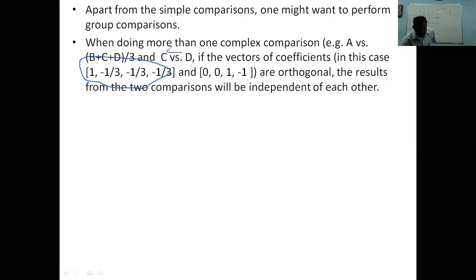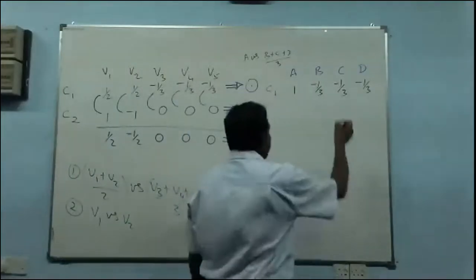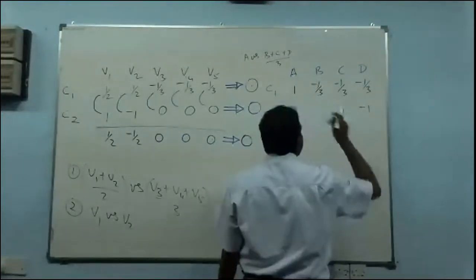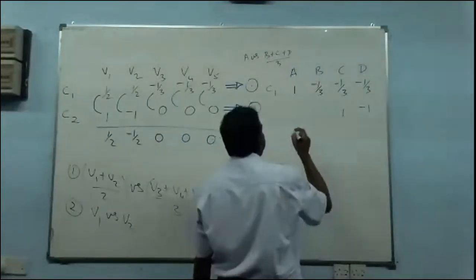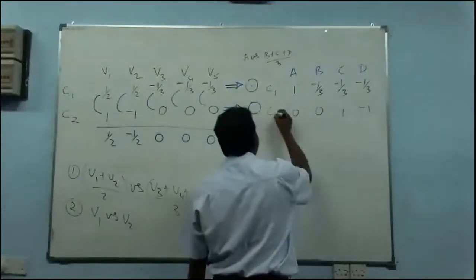In the second instance, I am comparing C versus D. So when you say I am comparing C versus D, C is 1, D is minus 1. A will have a value 0, B also will have a value 0.